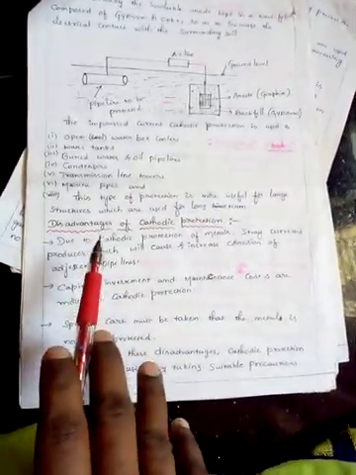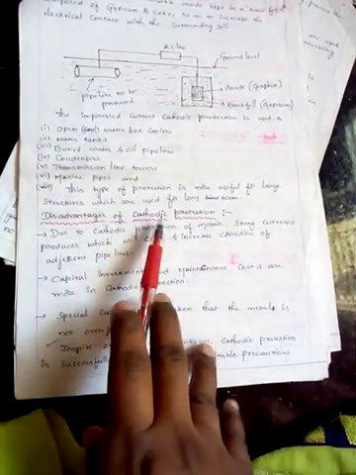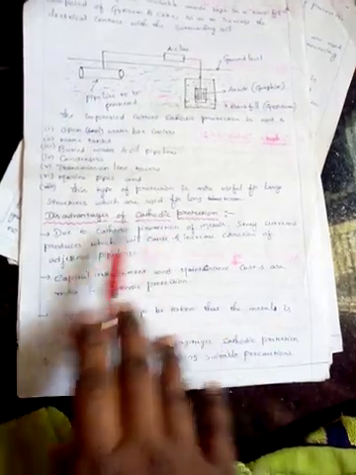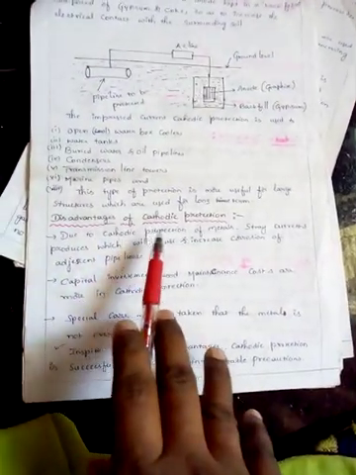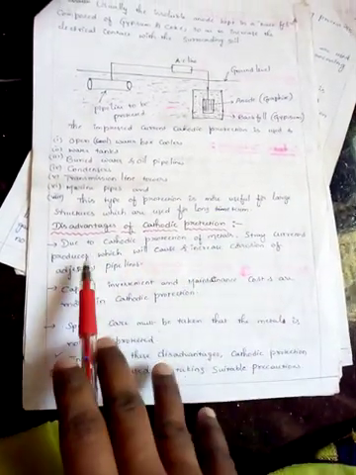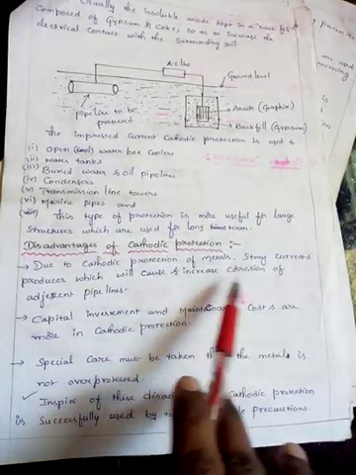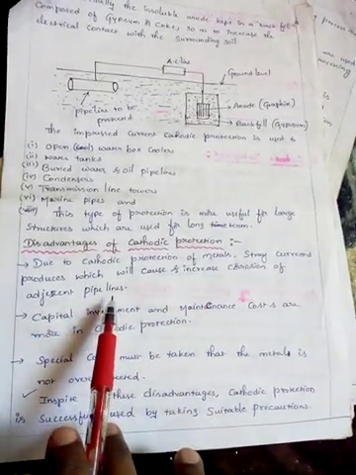This impressed current technique also has some limitations or disadvantages. The disadvantages of cathodic protection are that stray currents are produced, which cause and increase the corrosion of adjacent pipelines.